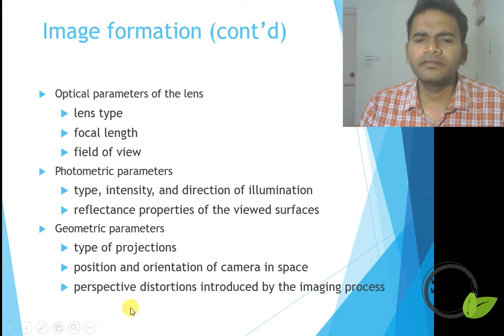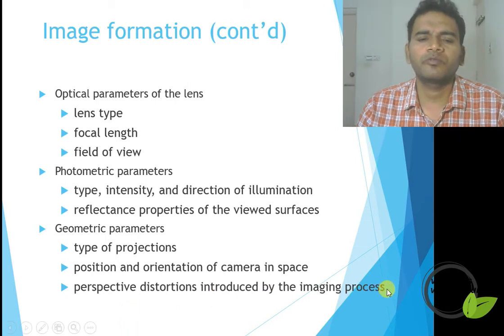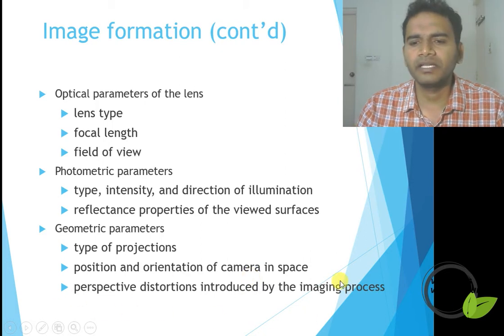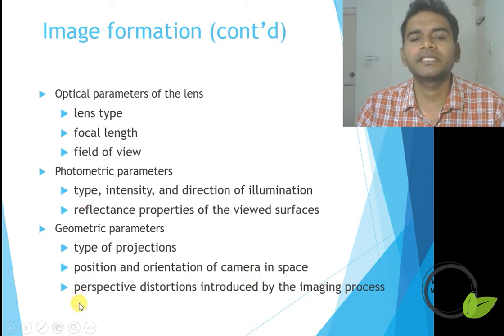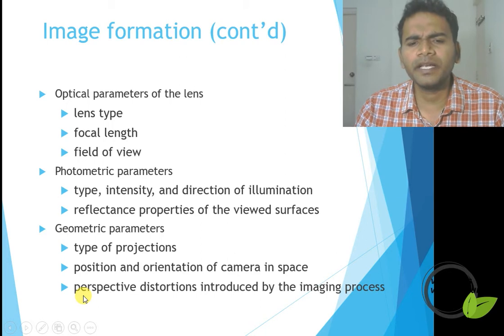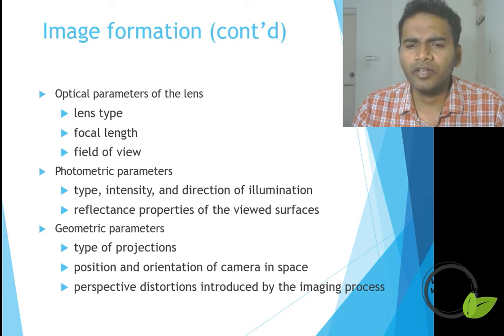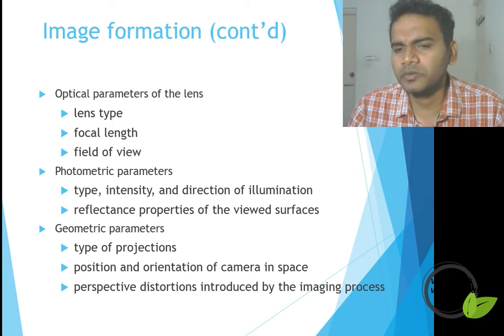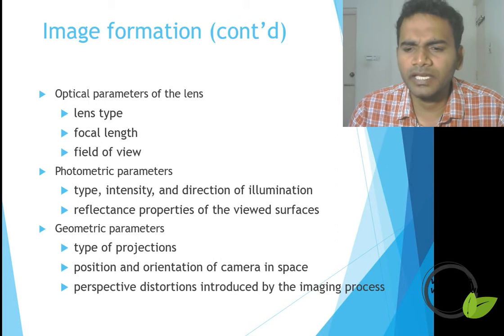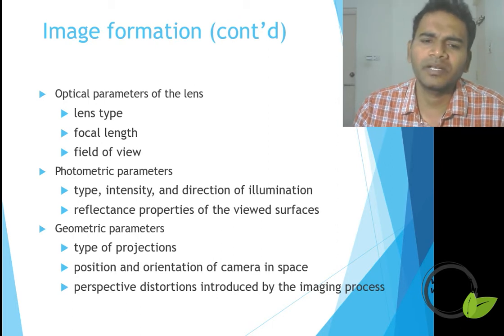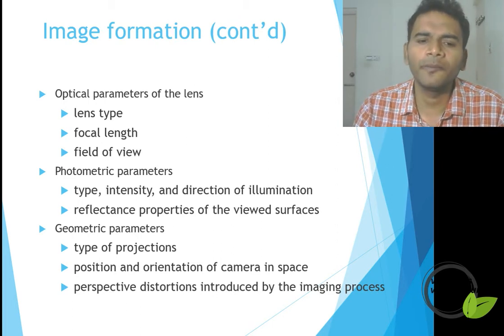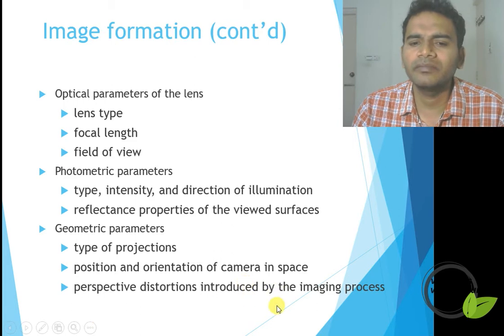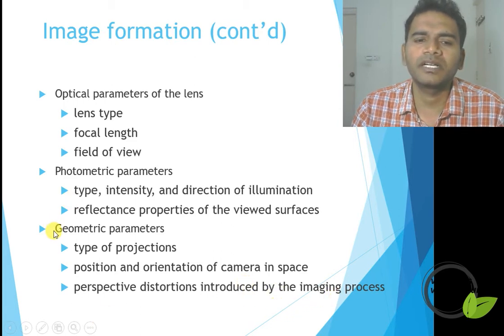And then perspective distortion introduced by image processing. This is the advanced part of the geometric parameters: in what perspective the distortions are introduced. For example, if you're not using proper filtering, that will lead to a lot of distortion in image processing. Most of you might have faced red eyes in images. If you use a red eye filter, that can be completely eliminated. So that is one typical geometric parameter.